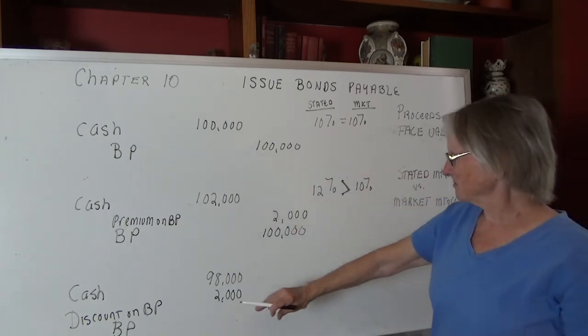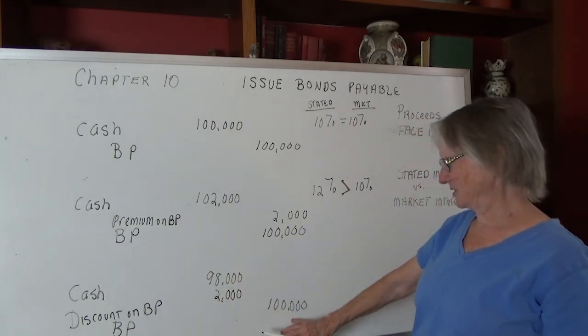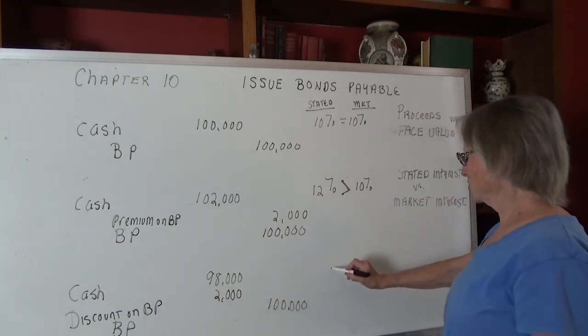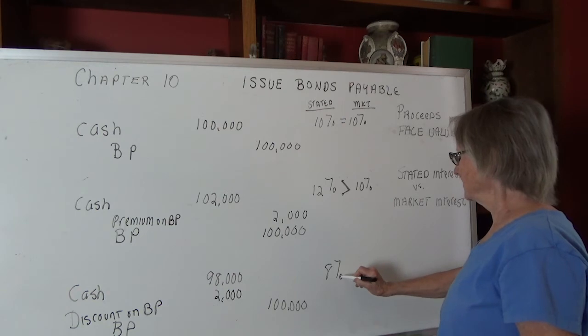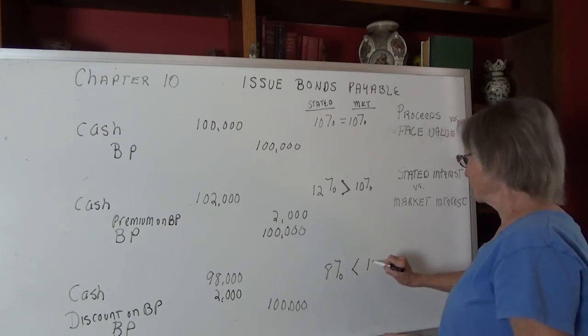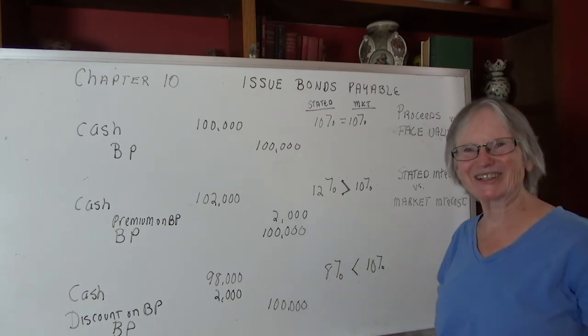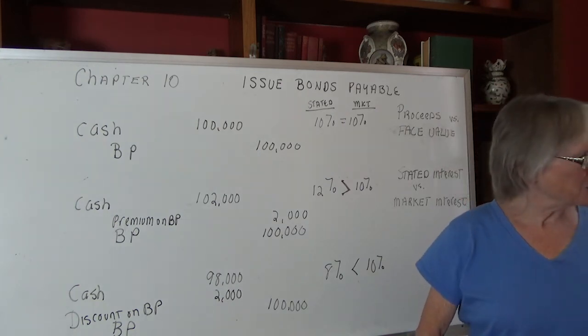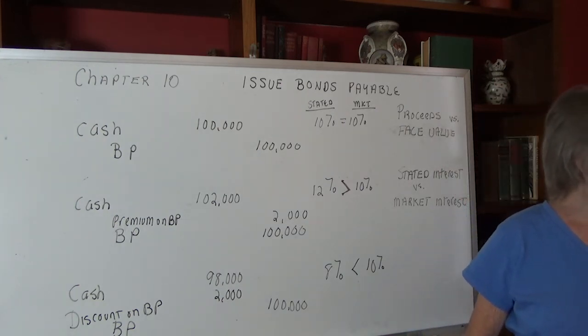In this case, the proceeds are less than the face value, and so chances are that our interest rate is less than the market interest rate. Okay, so that gives you a little bit of background on what can happen.